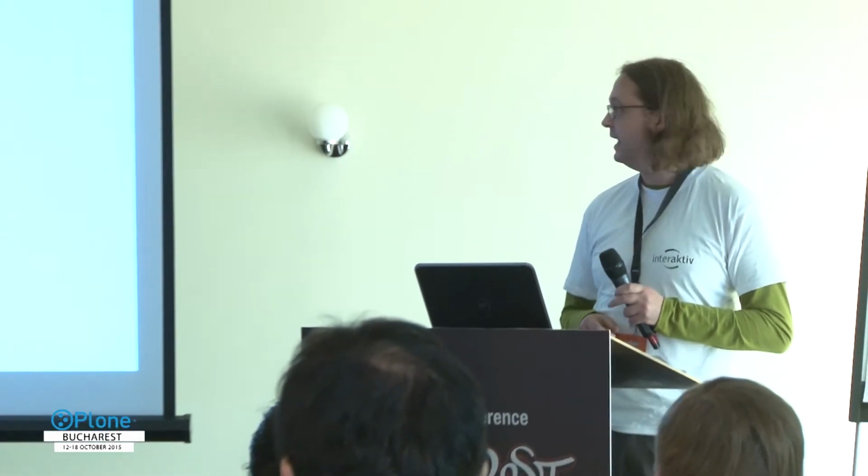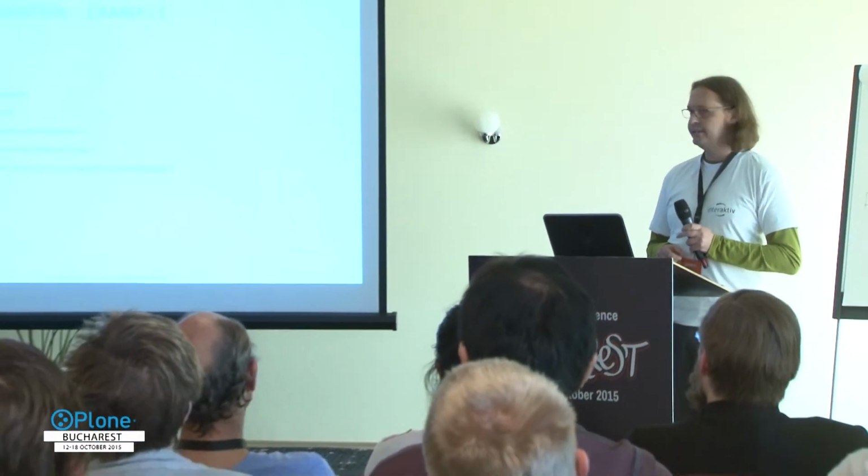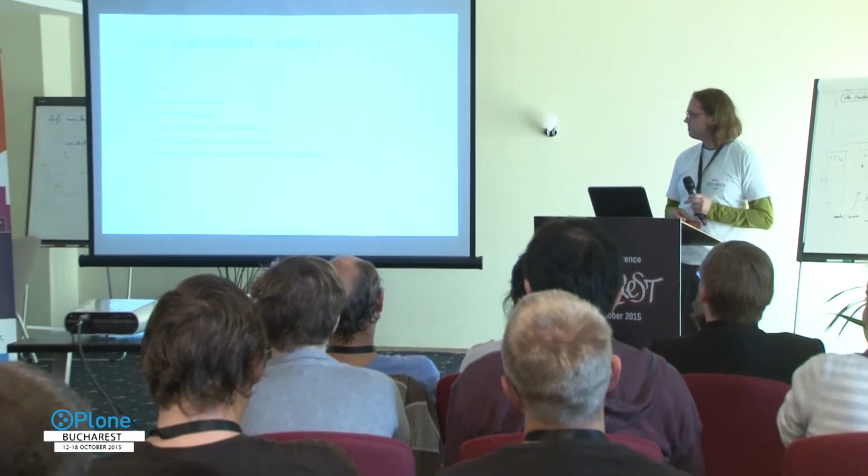We have more than 20,000 content items. It's not totally much, but it's quite a number. We have a lot of custom content types. They make use of the Archetype schema extender, and I think the Archetype schema extender is not implemented in the migrator yet.